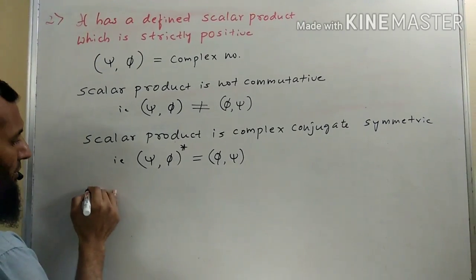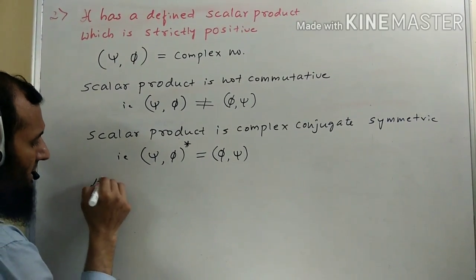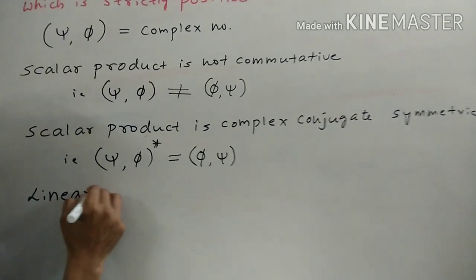One more property of scalar product is that it is linear with respect to the second vector.